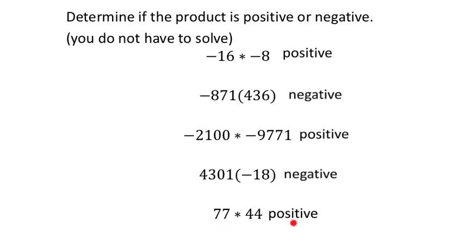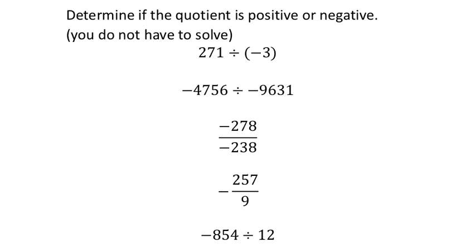Now we need to know, because we're going to be dealing with negatives, but you may still see some problems even on the assignment that are just like, hey, positive times a positive. And again, we're not going to solve, so no need for simplification or anything like that.